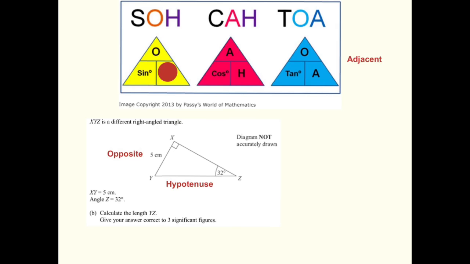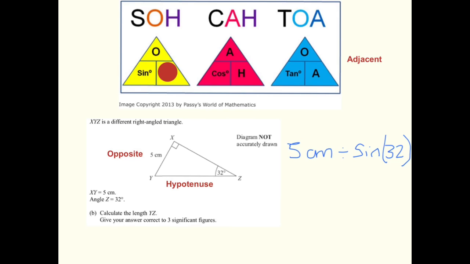So the opposite here is 5 centimetres, and I'm going to divide that by sine 32. This 5 centimetres is coming from there, 32 is coming from there.